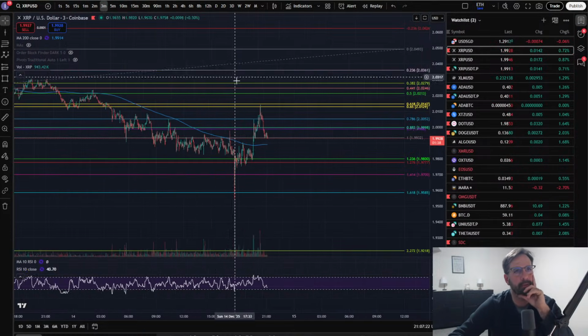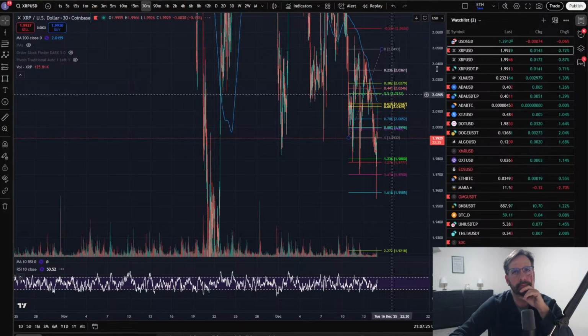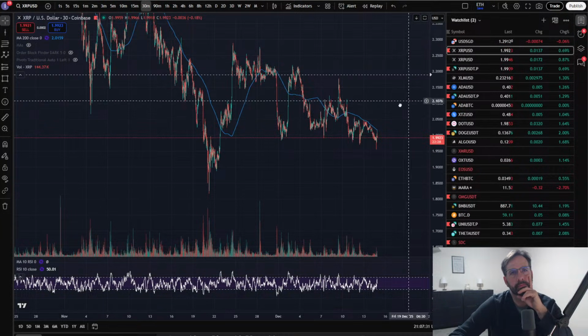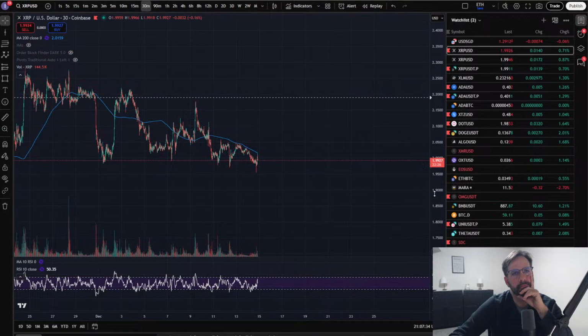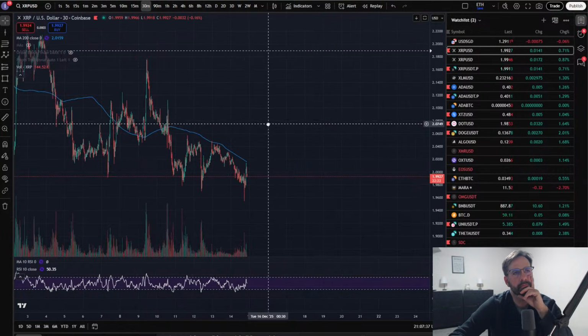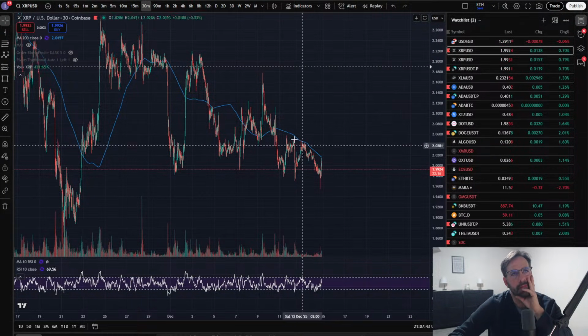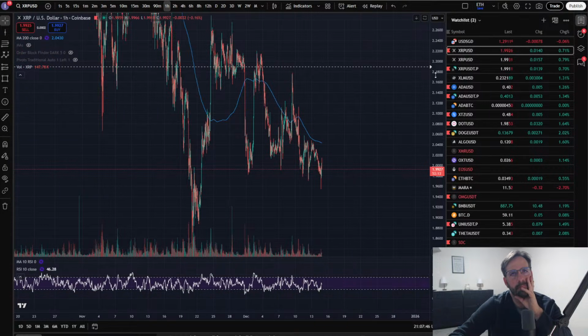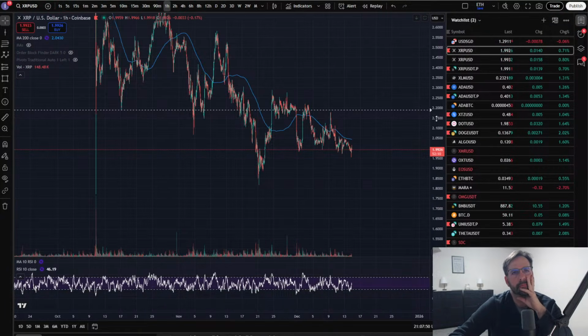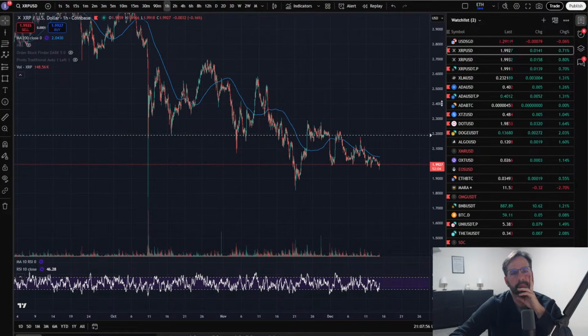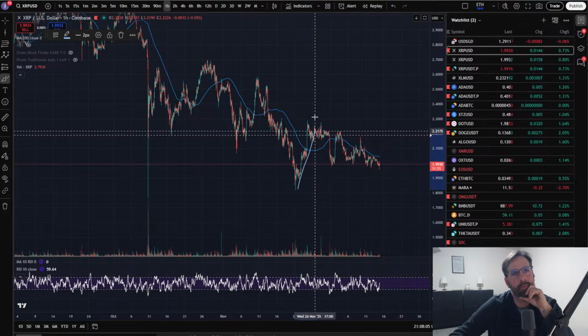Really tough. Let's look at XRP, see what we got on XRP. The difficulty with XRP here is we got what appears to be an impulse.